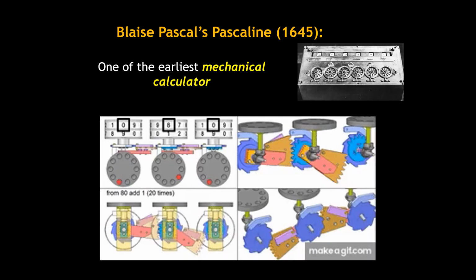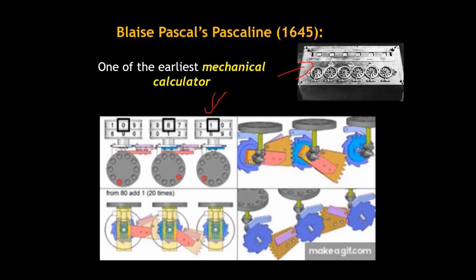Okay, now we're going to talk about another mechanical device used for computation, and this is a mechanical calculator created by Pascal. So let me show you what is happening. You have all these dials, and when you move those dials, the numbers start changing, and it starts computing numbers.